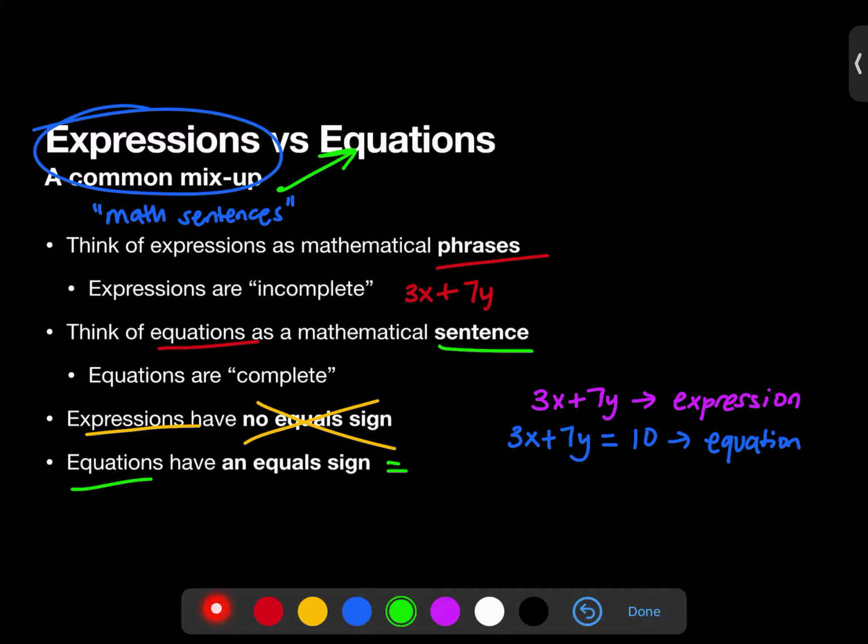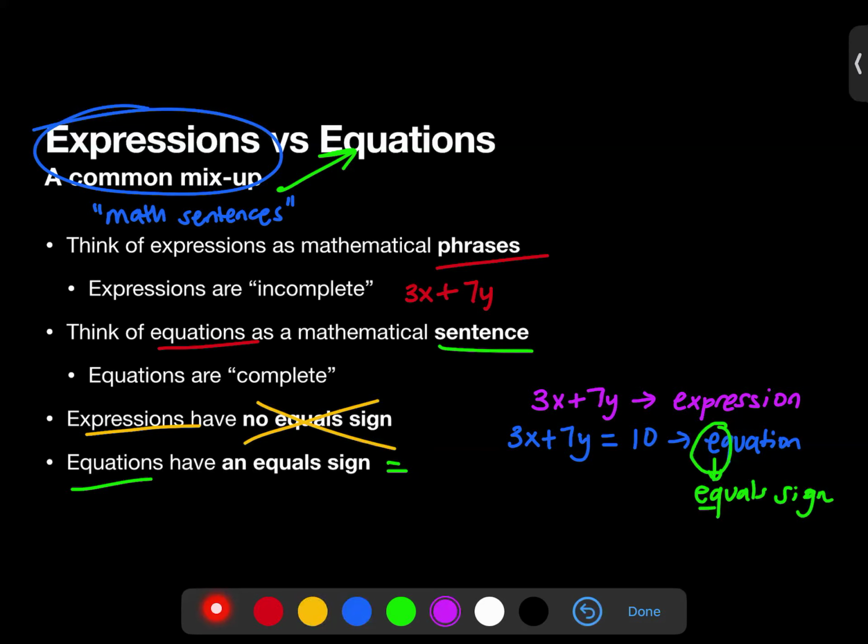And an easy way to remember is that equation has EQ, right? It starts with the letters EQ, which is equals sign. So again, expressions have no equal sign and equations have an equals sign.